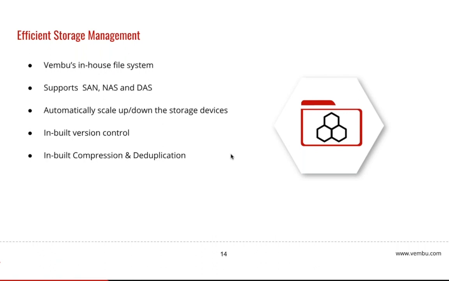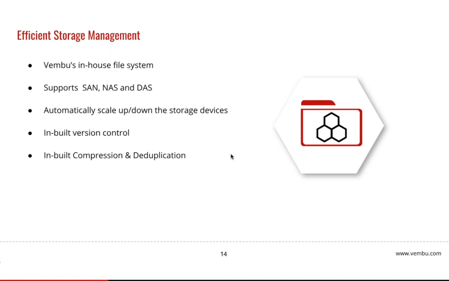So you don't need to invest money on buying any sophisticated hardware. You can use a simple NAS box, or even the local disk available on your machines for the storage purpose. Say you can begin with a single NAS box having 10 gigs or 50 gigs. Then you can keep on adding additional storage, and Vembu's repository will manage the scale out technology.